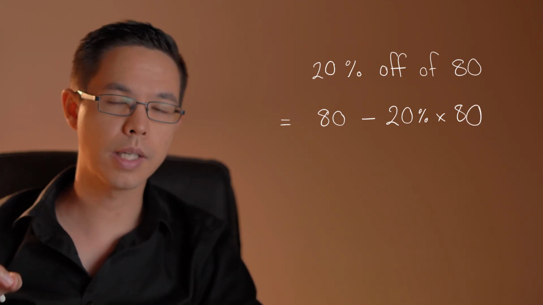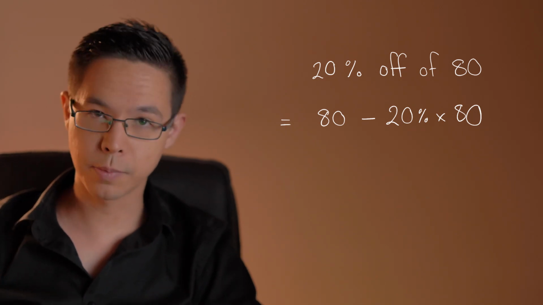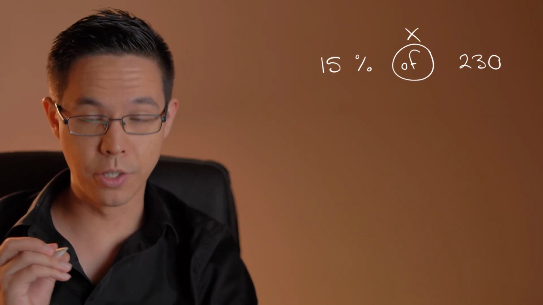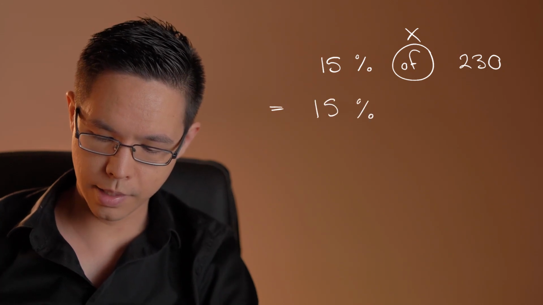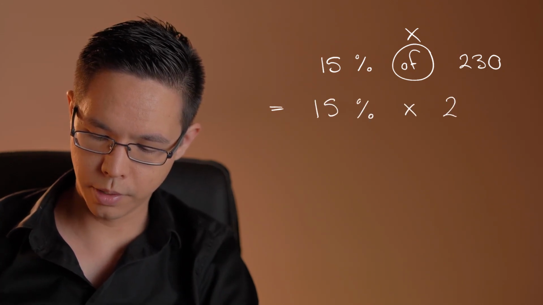Now we can get into some of our practice problems. I've got a question up here, 15% of 230. My first analysis is that I recognize we've got the word of, so that instantly tells me this is going to be a multiplication problem. I can rewrite this as 15% times 230.